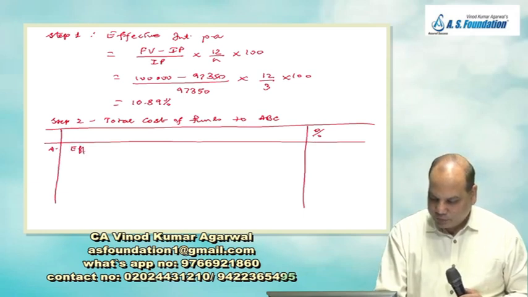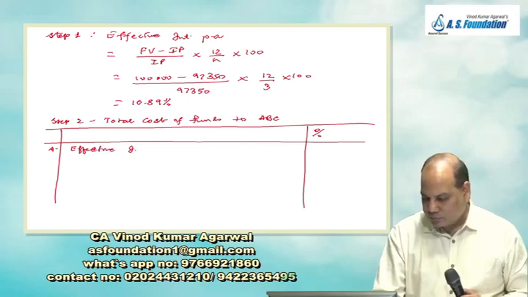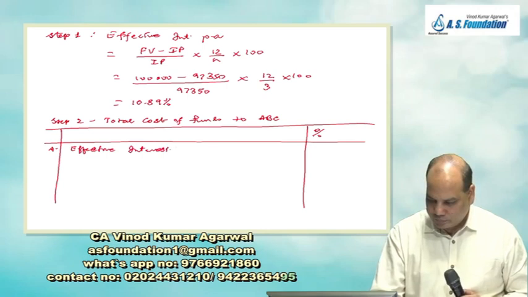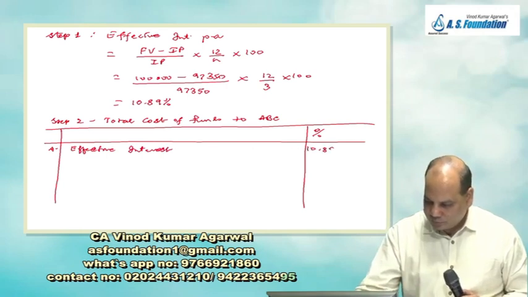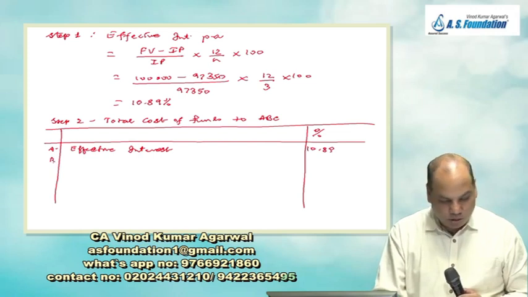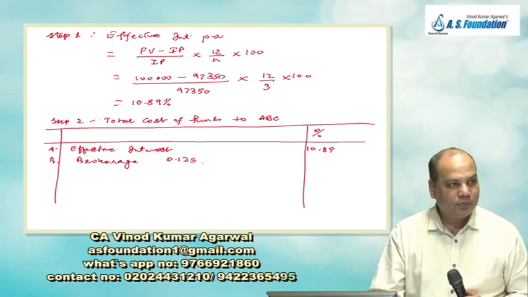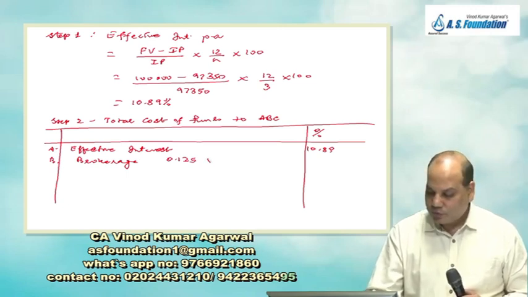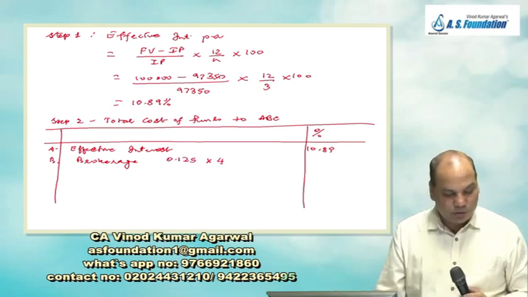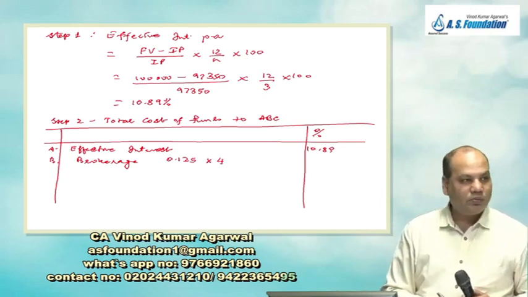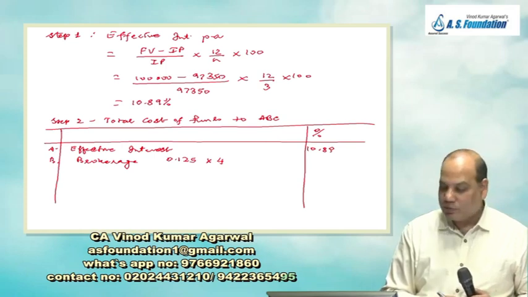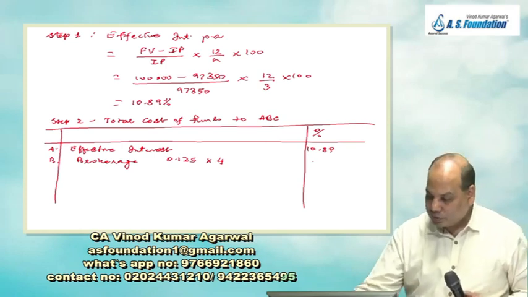One is your effective interest, main cost, which is 10.89. In addition to that, they will incur brokerage also. Brokerage is 0.125, but that is for 3 months. So if you want to find out the annualized value, because other figures are per annum, multiply by 4. How much is that? 0.125 into 4. Is it 0.50?